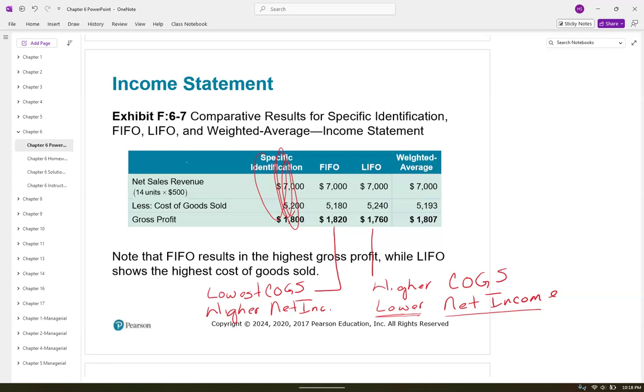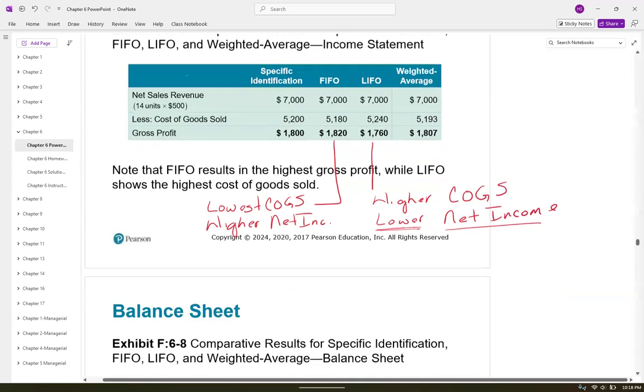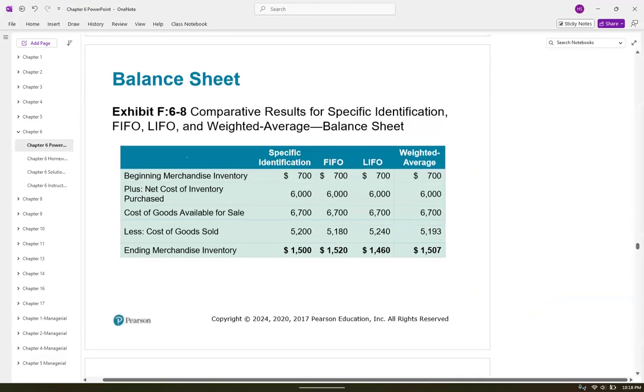So let's look at the balance sheet, and we calculated the ending inventory on all of those. So you could pull every one of those numbers from that. They showed you beginning inventory, purchases, goods available for sale, and then minus the cost of goods sold leaves us with the ending inventory, but we calculated that on each one of those.